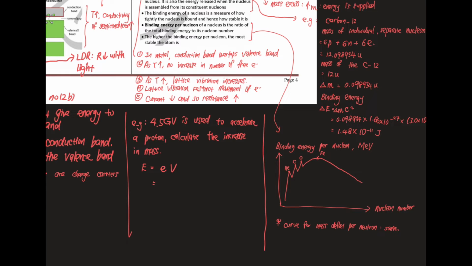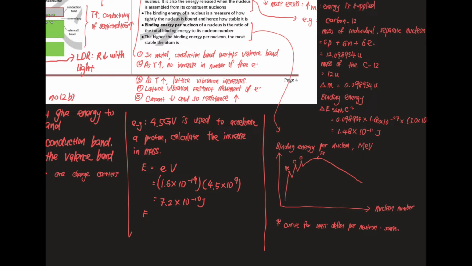So the energy is E equals the electron charge, 1.6 times 10 to the power negative 19, times the volt, 4.5 giga. At the end you will get 7.2 times 10 to the power of negative 10 joule. So this is the energy involved.